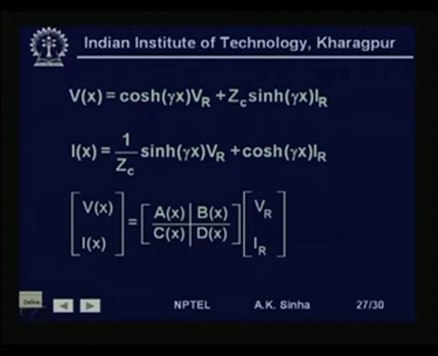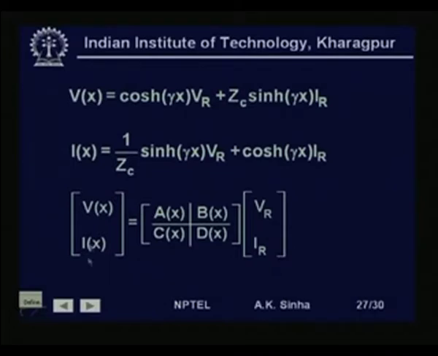Similarly, the current at any point in the transmission line, at any distance x from the receiving end, can be found using the relationship Ix is equal to (1 by Zc) sinh gamma x into Vr plus cosh gamma x into Ir. This gives us a relationship of voltage and current at any point x in terms of receiving end voltage and current.